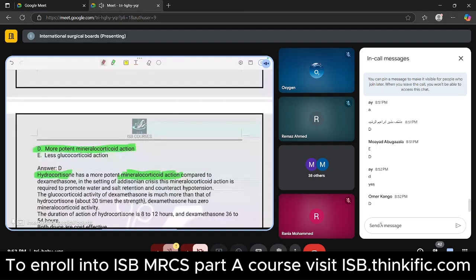Let me clarify again. Someone who's perfectly normal, all of their biological parameters are normal. Normally, do their cortisol or glucocorticoids induce mineralocorticoid action in the kidney? The answer is no. Under physiological situation, it does not have mineralocorticoid action.